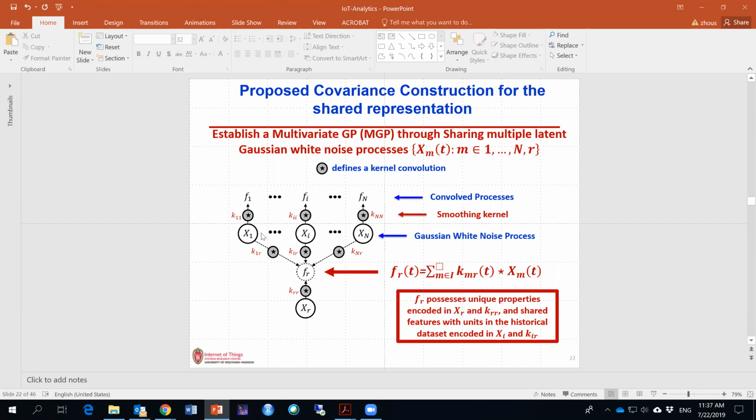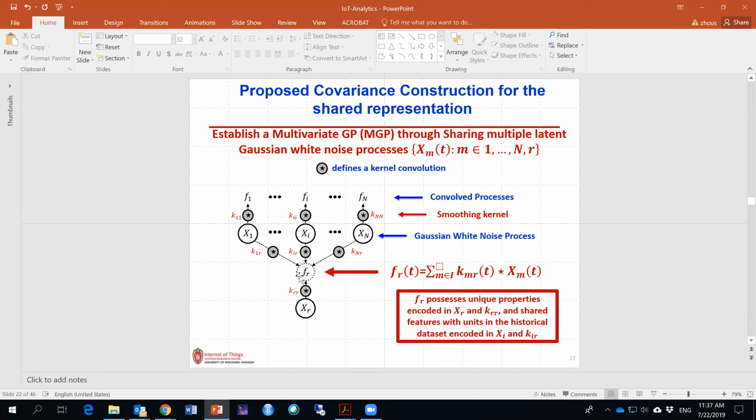So F1, F2 up to Fn are driven by independent white noise, and F1 to Fn are independent from each other because they're not connected in any way. They also have independent kernel functions. That means the behavior of F1 to Fn could be quite different, so in the historical data, we could have quite different degradation signal forms.